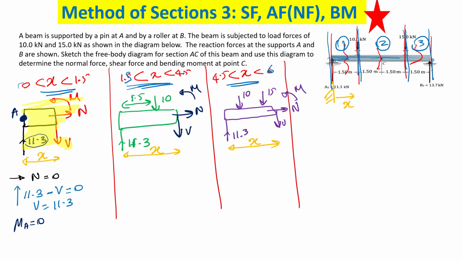So no moment. But there is a couple moment M, and minus Vx. V times the perpendicular distance x. N is again going through A. So this is equal to 0. So your M is equal to Vx. Agree? So V is what? 11.3. Am I right?